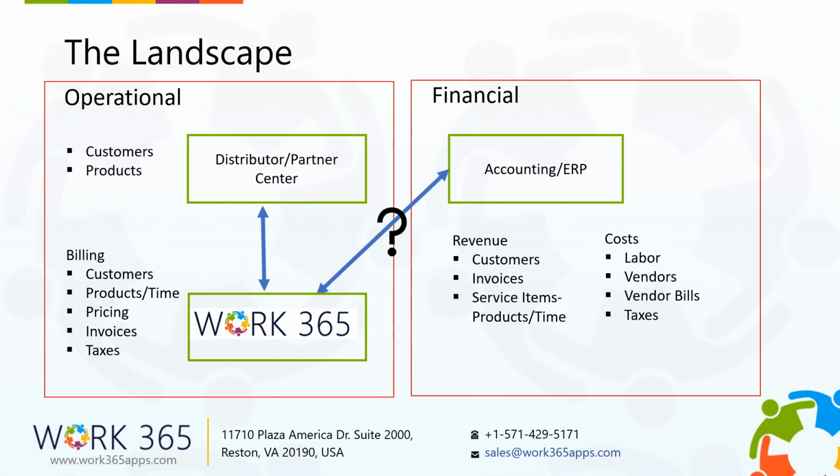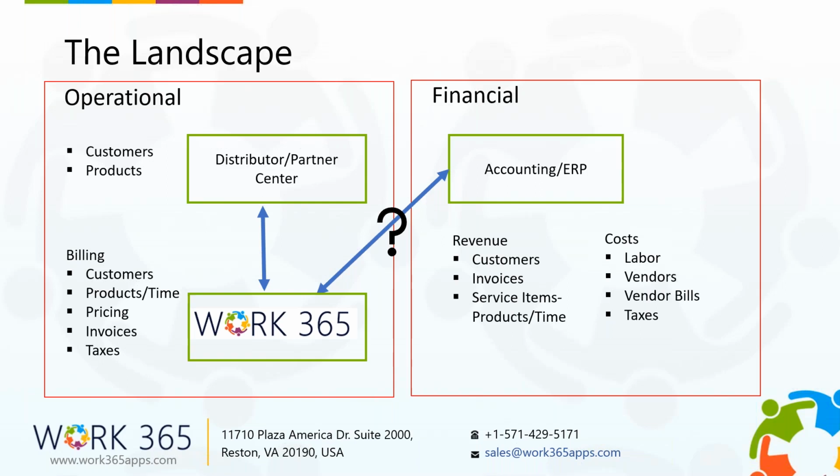So most people are used to using their accounting system to send invoices. Accounting systems tend to be the system of record for the invoice, and so we need to make sure these invoices are getting over into the accounting systems accurately.